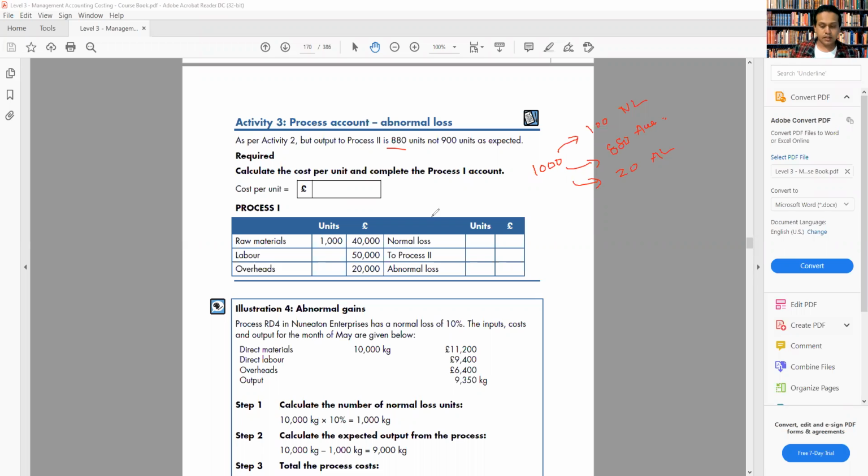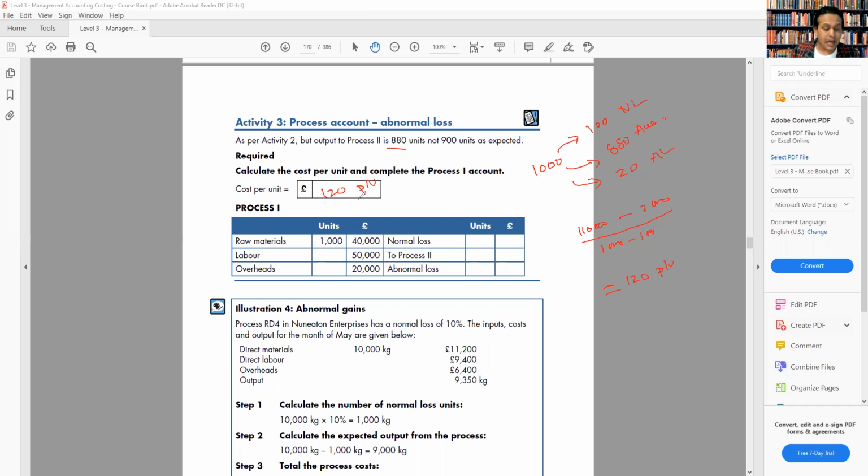We said 110,000 is the cost, 2000 is the scrap value of the normal loss, 1000 is the input, and 100 is the normal loss units. So our cost per unit is still 120.